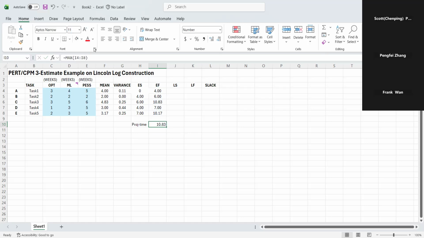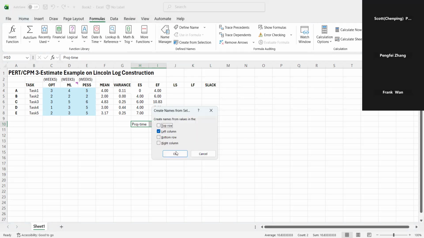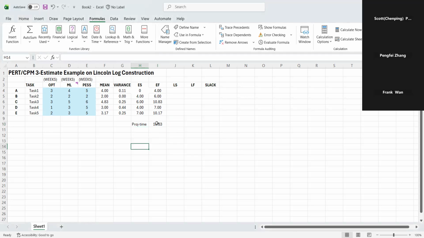So the project expected duration, the mean project completion time, is going to be 10.83 weeks. For project time, I hit the formula tab and create from selection, and the name I want to give it is from the left column. So we look at 10.83, you find this is project time.